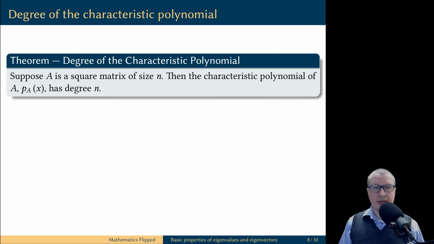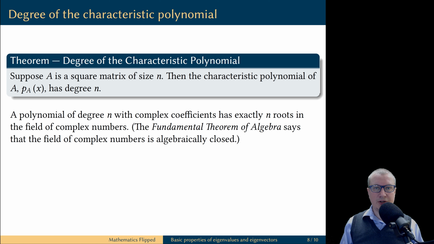Next, let's obtain some additional information about algebraic and geometric multiplicities of eigenvalues. First, let's observe that the characteristic polynomial of a matrix has degree equal to the size of the matrix. This simply follows from the definition of the determinant. But the fundamental theorem of algebra says that any polynomial of degree n with complex coefficients has exactly n roots in the field of complex numbers.